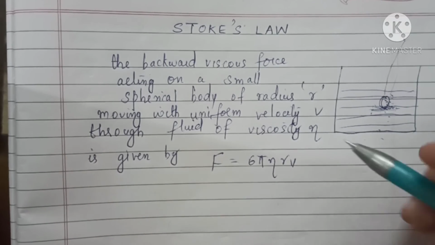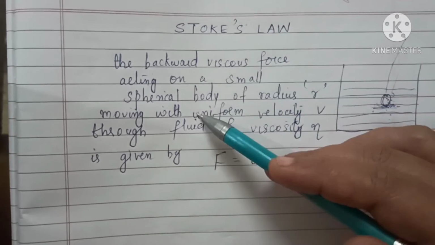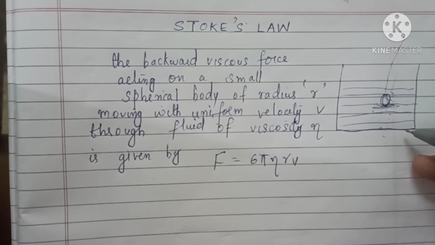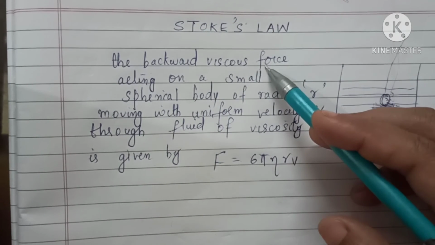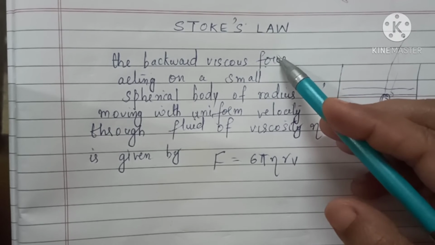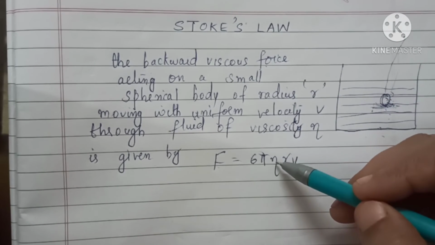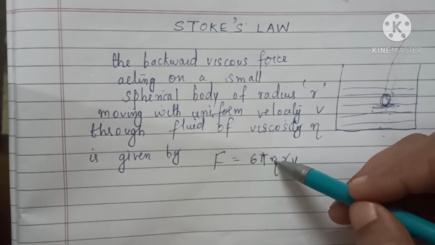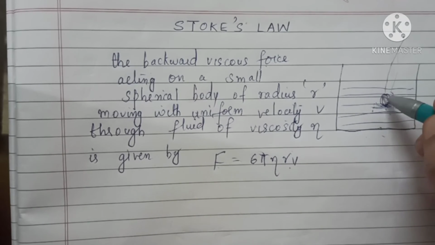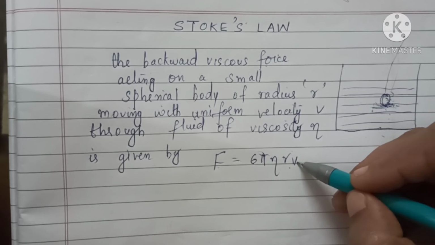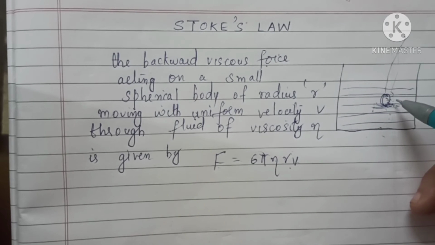So when I put a small spherical body into a viscous fluid, it experiences a viscous force, and that force can be written like this. 6 pi is a constant, eta is the coefficient of viscosity, r is the radius of the spherical body, and v is the velocity of the body.